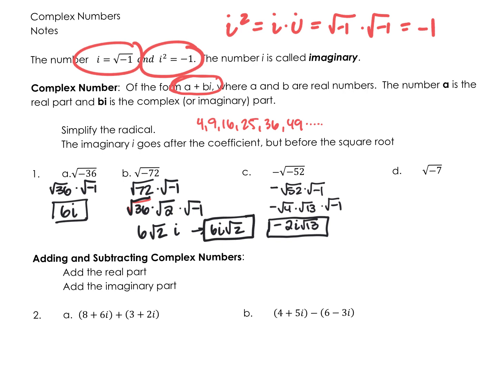All right, for D, let's separate the number and the -1. Is 7 a perfect square? No. Is 7 divisible by any perfect square? No. Is it divisible by any number besides 7 and 1? No, right? So we can't simplify the 7. That'll stay under the radical, but what does the square root of -1 become? i.